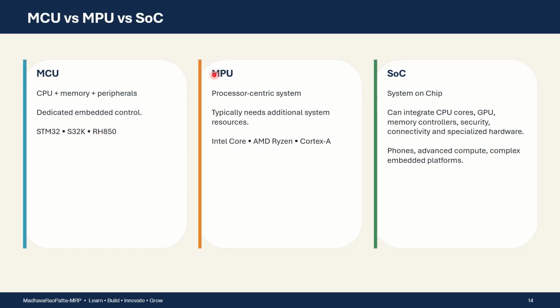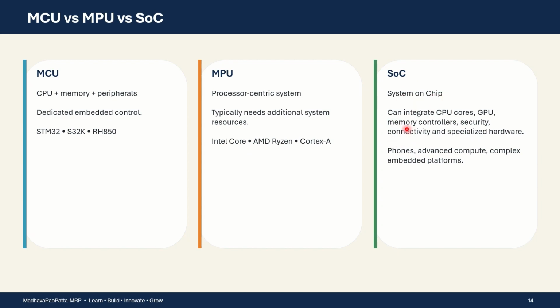Then the MPU, microprocessor unit, is processing-centric and typically works with additional system resources. Examples are Intel Core, AMD, Cortex. Then coming to the SoC, system on chip.